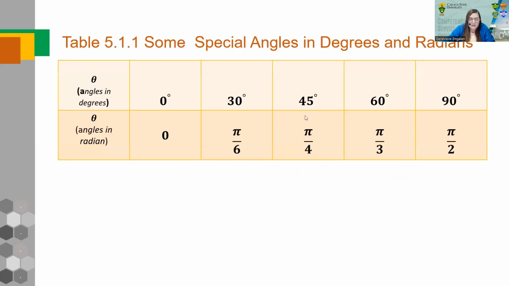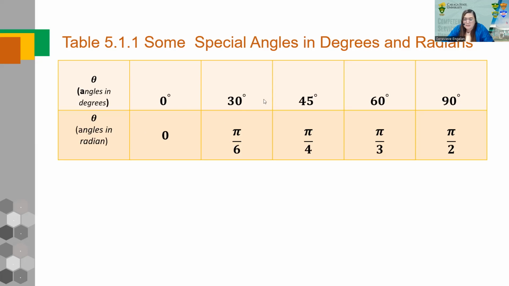Okay, so these are some special angles in degrees and radians. You have ang 0 degrees is equal to 0, ang 30 degrees is equal to pi over 6, 45 degrees is pi over 4, 60 degrees is pi over 3, and 90 degrees is equal to pi over 2. So remember katong gitudlo sa inyo, di ba ang 180 kung i-divide nato og 30 is 6 ang answer, no?